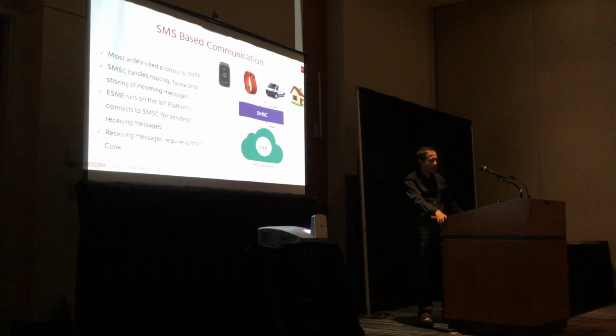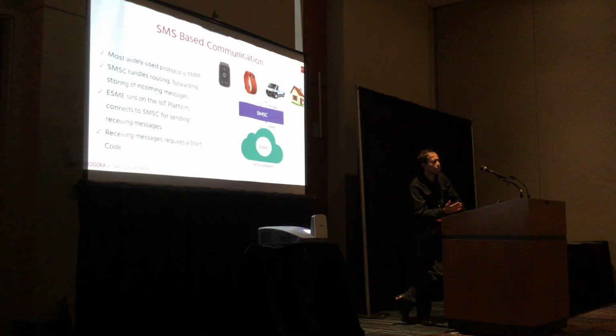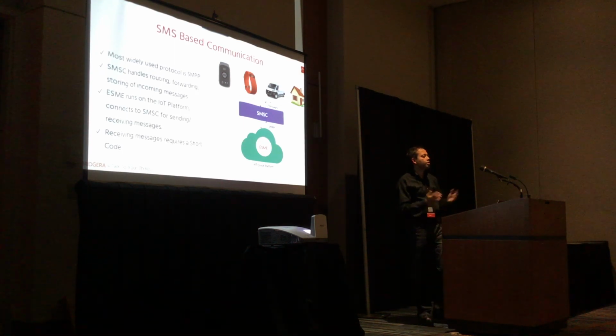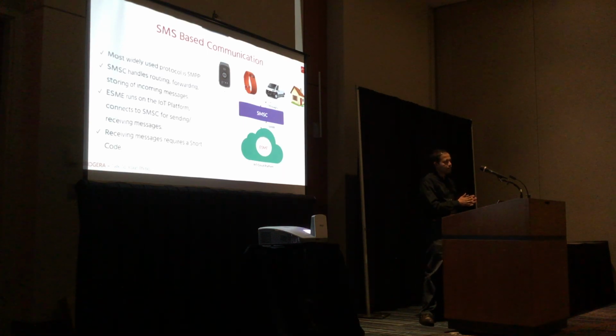In SMPP, you have to run a client, which is the ESME, External Short Message Entity, which will be running in your cloud platform. That ESME will start communicating with a gateway called the SMSC, Short Message Service Center. And via that gateway, it will send the SMS text message to all the devices.